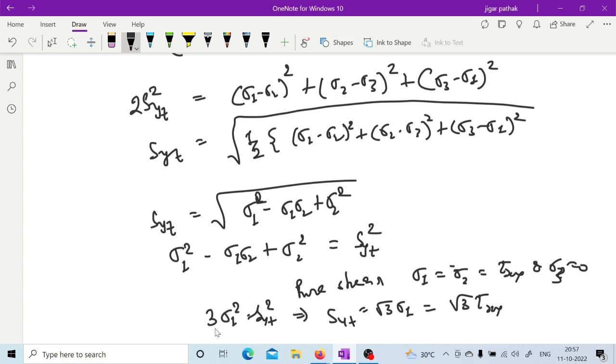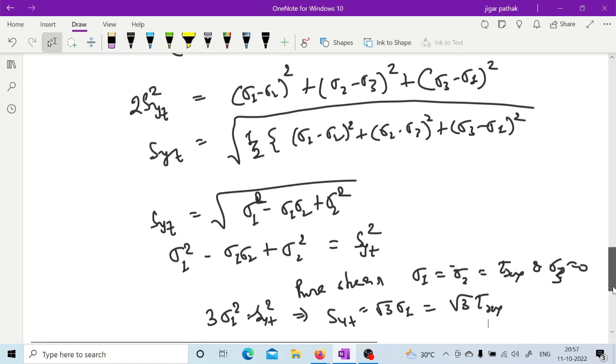So this is how you have SYT equal to root 3 tau xy. This is the relation between yield strength in shear and yield strength in tension.